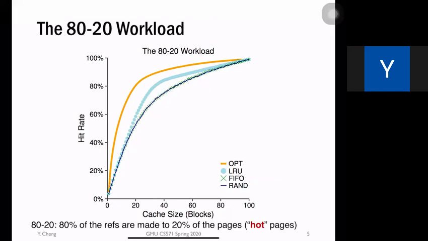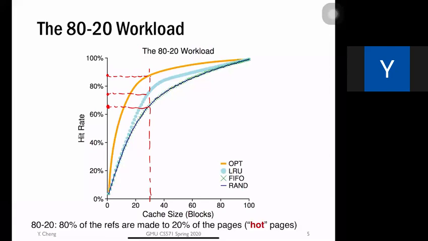Again, let's use the same rule. If you fix a certain cache size, let's pick 30, and do a cut, the corresponding y values are the performance achieved by the different cache replacement policies.